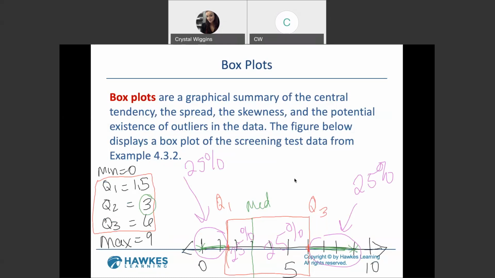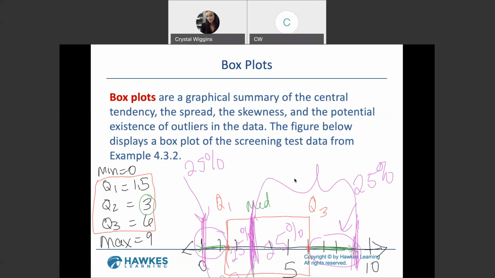Now, why is this helpful? Well, take a look at the spread of the data. So I can see that the lower 50% is crunched closer together than the upper 50%. You see how we have a lot more room here than we have going on here.